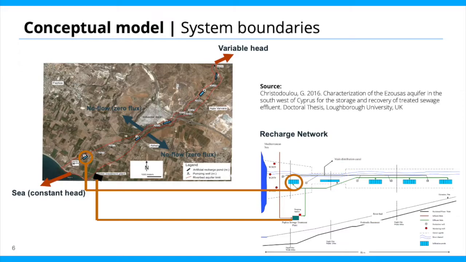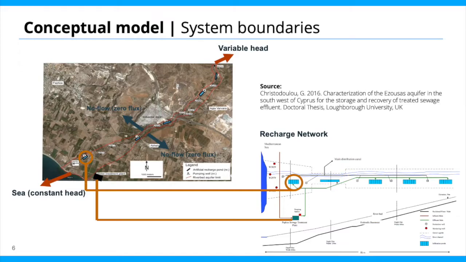Regarding the coastal boundary, we are using the CHD boundary conditions, which means we specify hydraulic heads. And due to the fact that this boundary is very close to the sea, as a boundary condition, we are choosing a constant hydraulic head equal to 0.